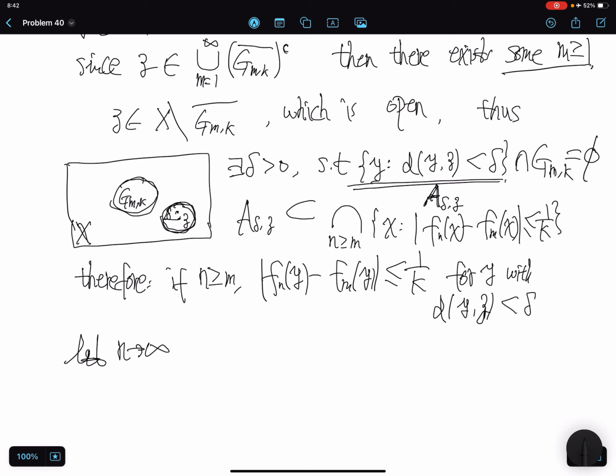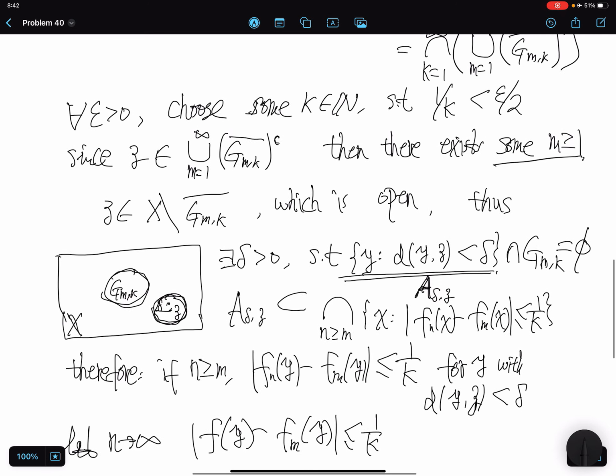Since f sub n converges to f, we have the absolute value of f of y minus f sub m of y less or equal than 1 over K.